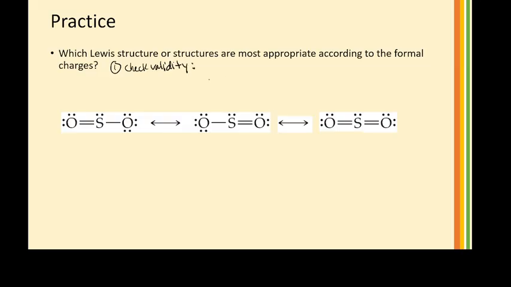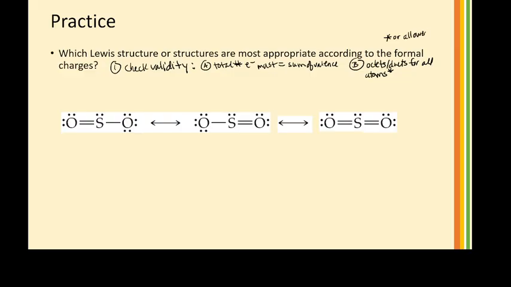To be a valid Lewis structure, we need A, the total number of electrons must equal the sum of the valence electrons. And B, we must have octets or duets for all atoms, with a little star there, or allowed exceptions.